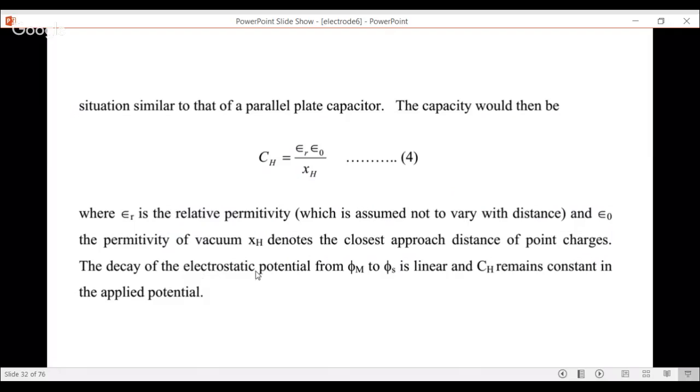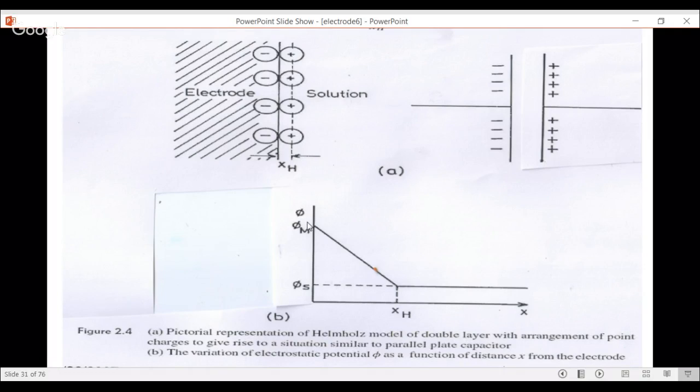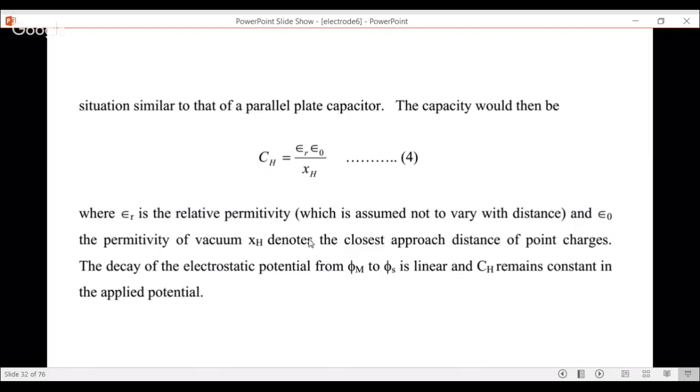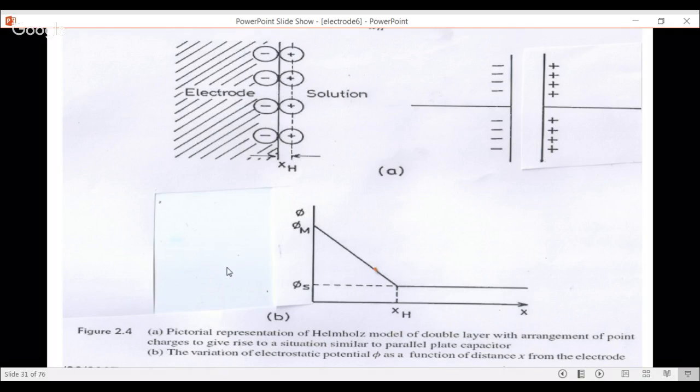The decay of the electrode potential from chi m to chi s is linear. We have already shown this. It is linear, but it will not be linear in a solution phase. If it is a parallel plate condenser, it will be linear, and CH remains constant in the applied potential. This is the chi s, the distance between the electrodes.